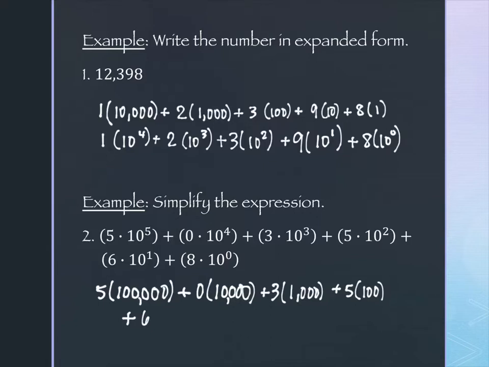A 6 with just a 10, and then an 8 with a 1. So this is sort of going in reverse. Because they've represented the 0 piece here, we're not skipping any place values, and so the numbers actually read straight off. This is 5, 0, 3, 5, 6, 8.